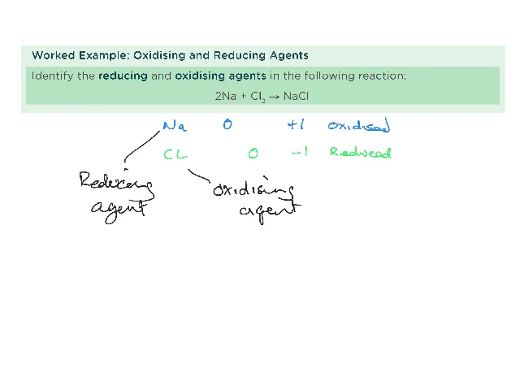You should now have a go at practicing as many of these as you can to identify what's being oxidized, what's being reduced, identify changes in oxidation numbers, and therefore identify reducing agents and oxidizing agents.